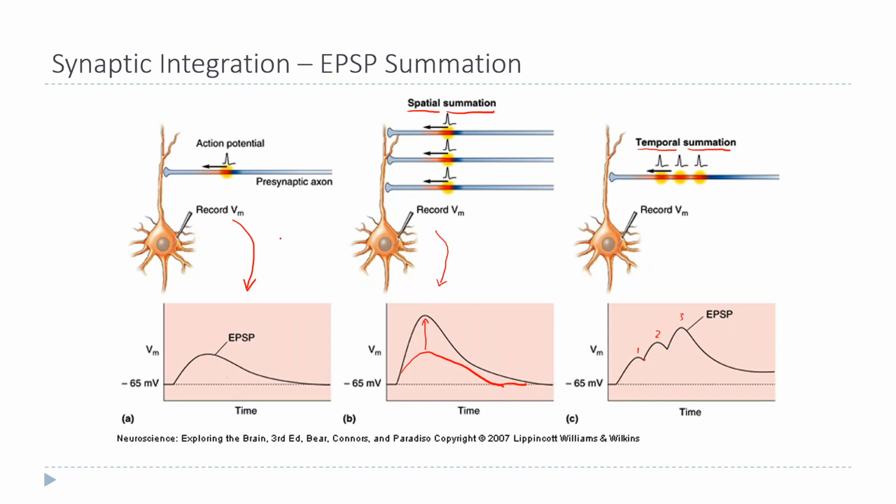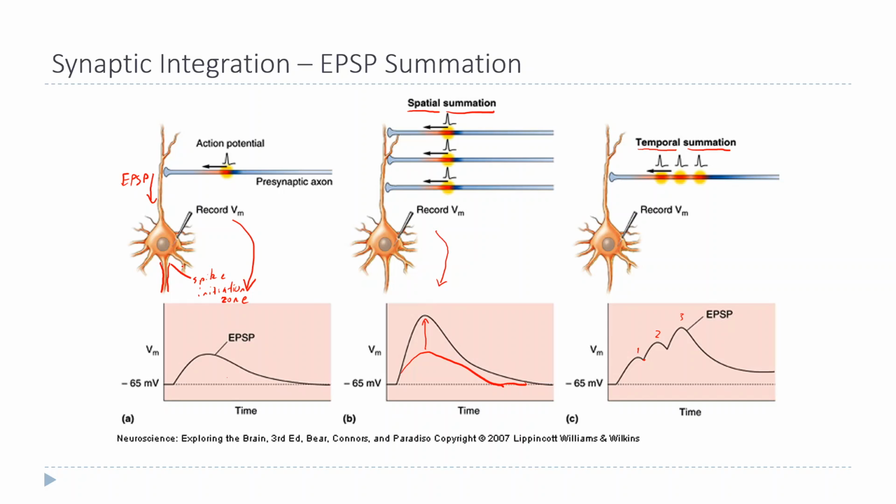But remember that you can only have an action potential if the membrane is depolarized enough at this spot right here, which, for most cells, is the spike initiation zone, because this is where the voltage-gated sodium channels are going to be that will trigger an action potential in this cell. So the EPSP has to travel along this dendrite down through the cell body and get to the spike initiation zone and be large enough to be over threshold.